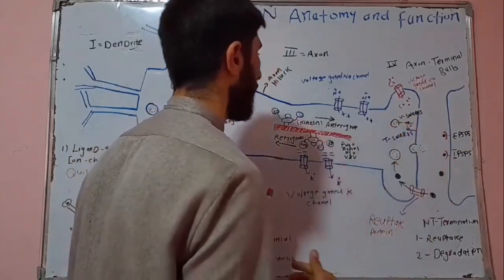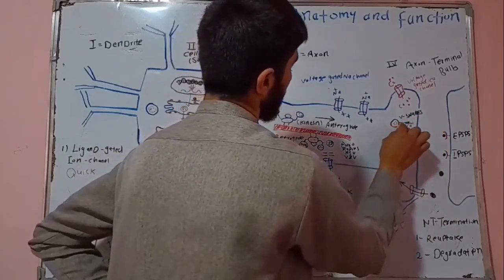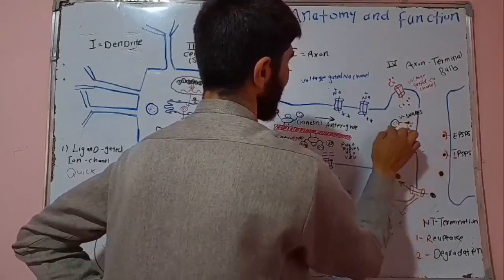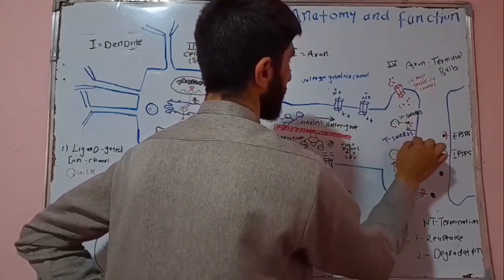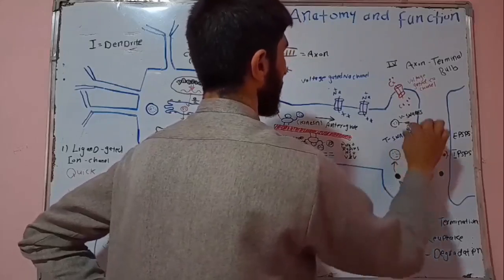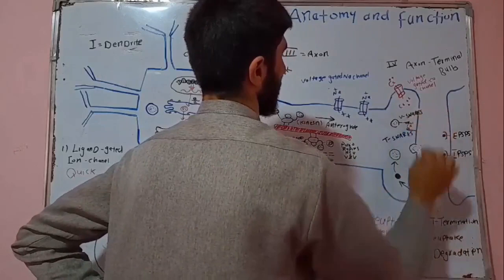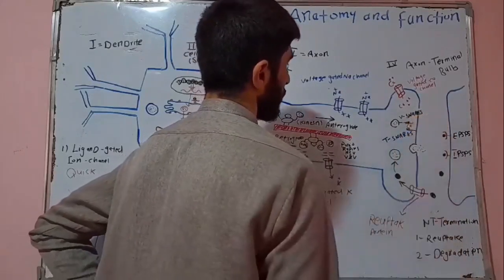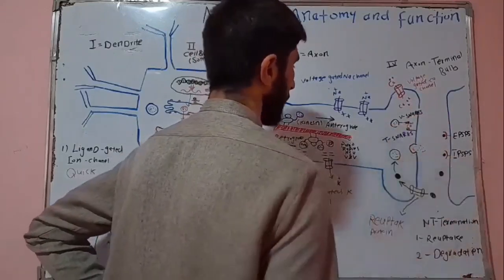How does calcium act? Suppose there is a protein by the name of V-SNARE protein attached to the vesicles. There is another protein by the name of T-SNARE protein attached to the cell membrane. These two proteins will bind with each other by calcium. So calcium attaches these two proteins, and the vesicle will easily attach to the cell membrane.